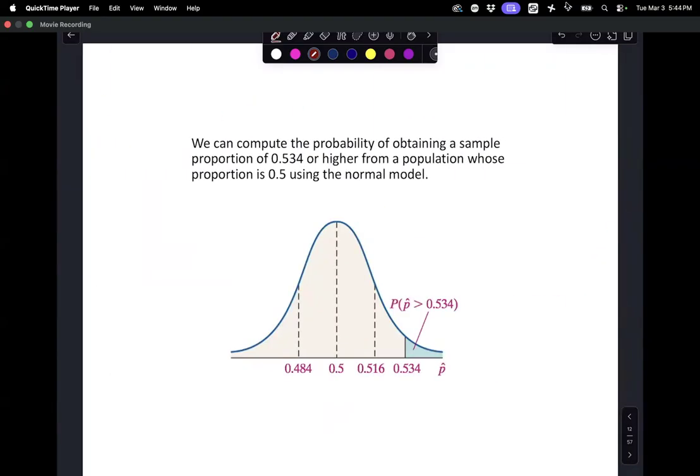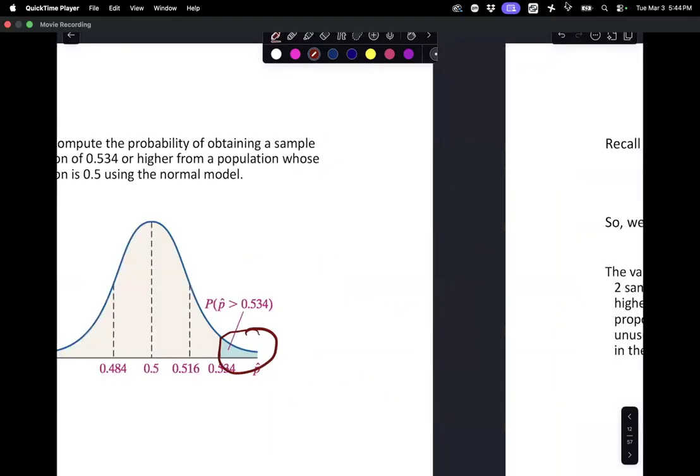So I'm going to look for the probability of getting that or higher. We already determined that the area of this tail right here was 0.228. Let me go show you.